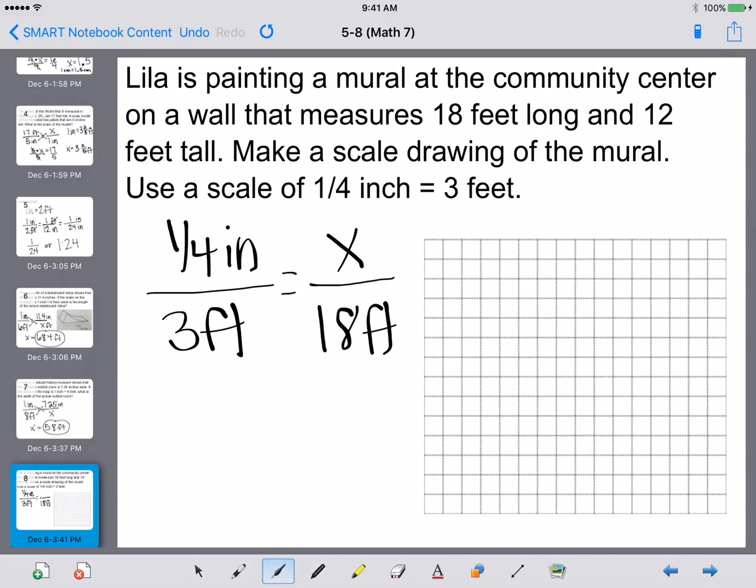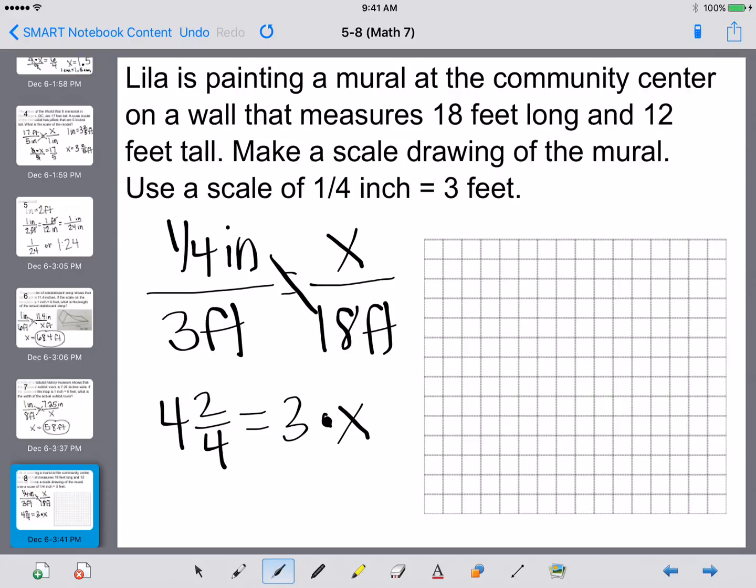We want to figure out what our scale length is. So we're going to go 1/4 times 18, because we're going to cross multiply, and we get 4 2/4 equals 3 times x.